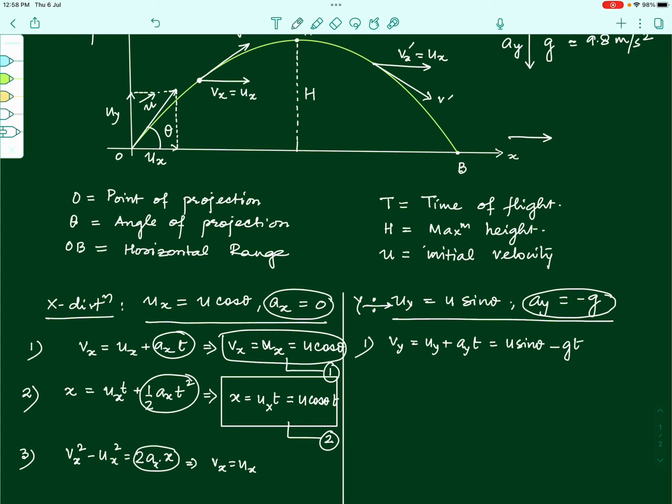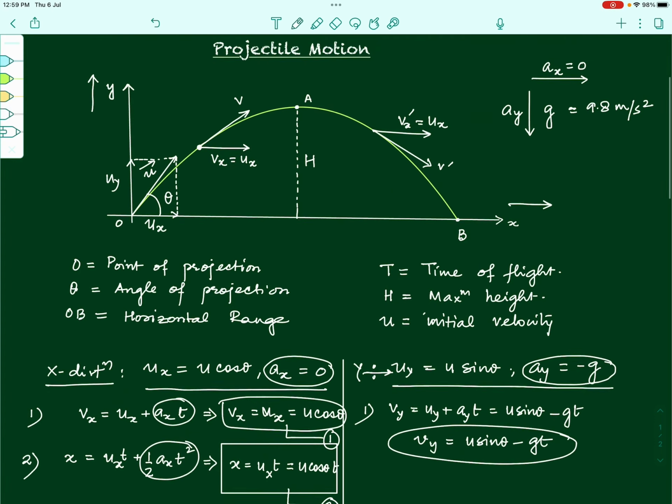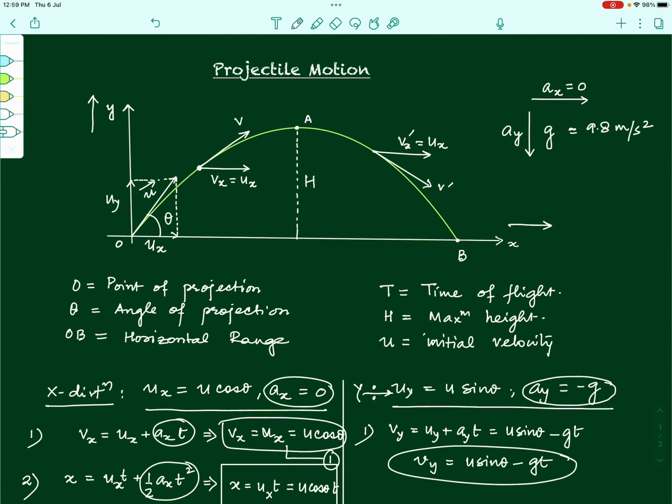So, the equation that we are getting here is vy is equal to u sin theta minus gt. This gives us the variation of velocity along the y direction with time. See that as time increases here in this equation, this factor with a minus sign keeps on increasing, thereby decreasing the value of vy continuously.